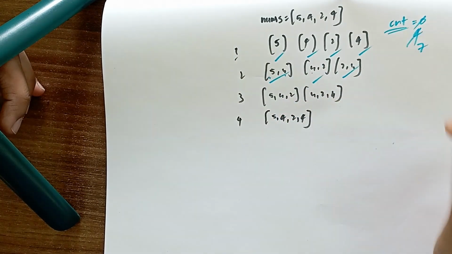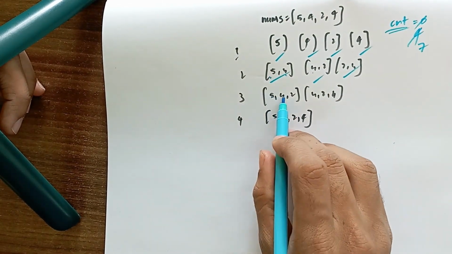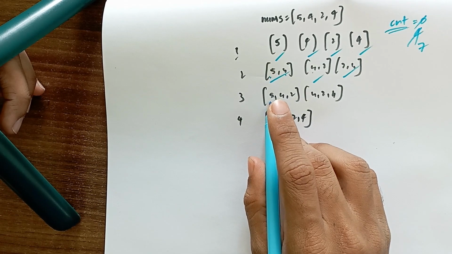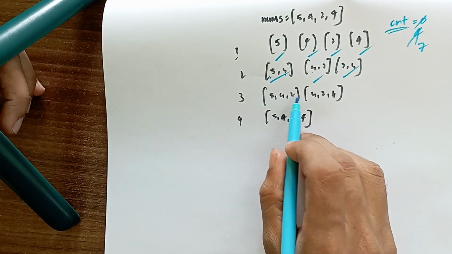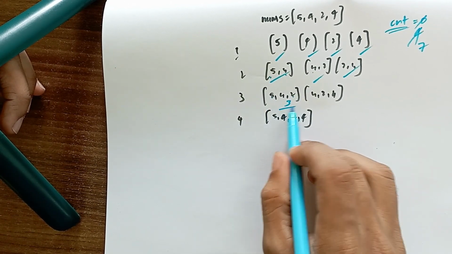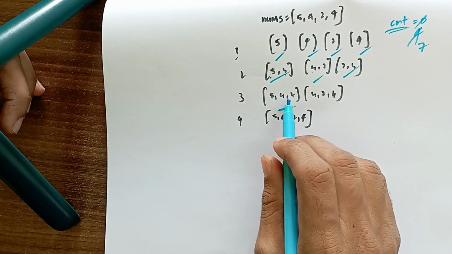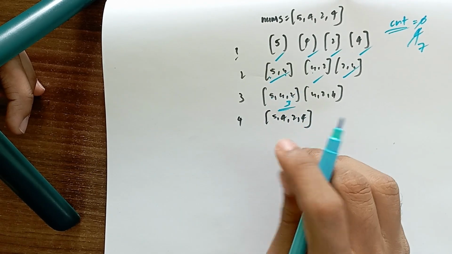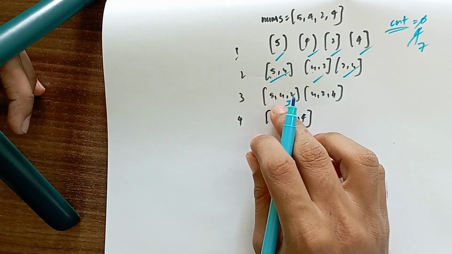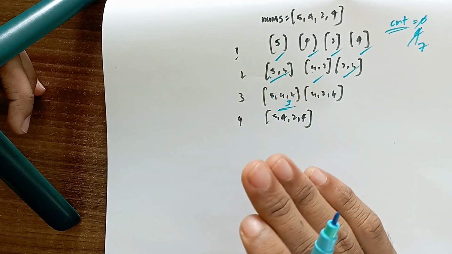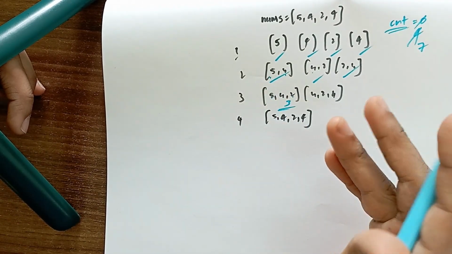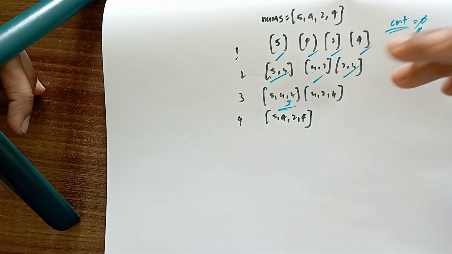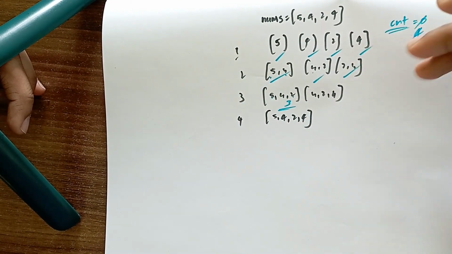5 4 2. See clearly, 5 and 4 give us 1. 5 and 2 will give us 3. The absolute difference will give us 3. So, as I said, the difference of every element with other elements should be less than or equal to 2 and greater than or equal to 0.